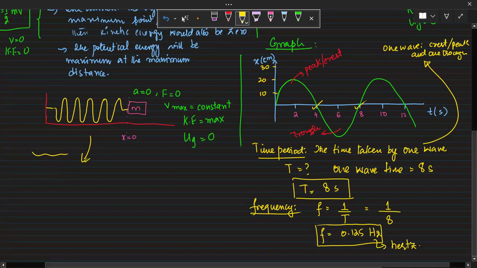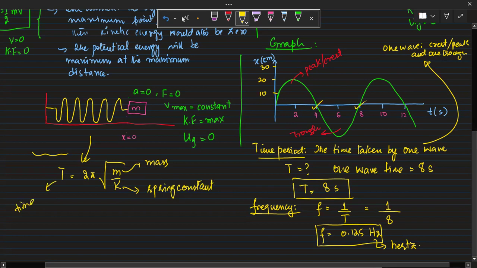You will be using this formula, and in the last class we have already discussed this one: T equals 2 pi under root m upon k, where m is the mass attached, k is the spring constant, and T is the time period. And another thing, how will you find this k?